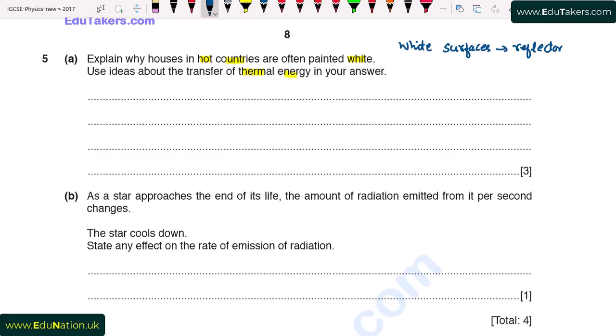As the white surfaces cannot absorb much heat, it keeps the house cooler, and in this way the energy, that is heat energy or thermal energy, cannot be transferred from the sun to the building. As a result, the temperature of the building remains low.